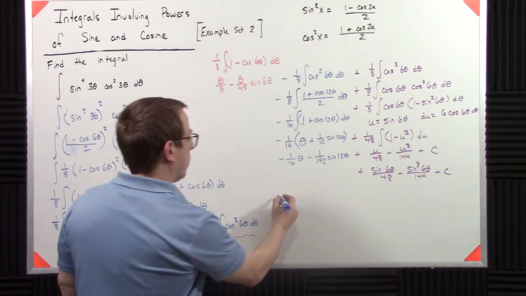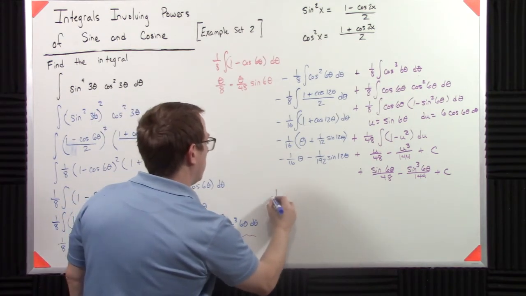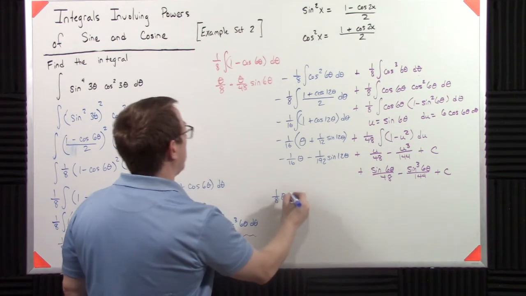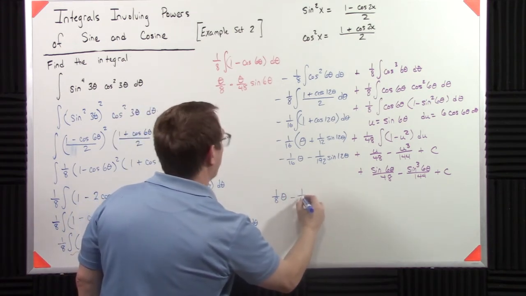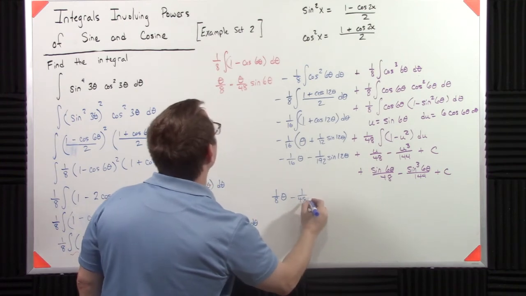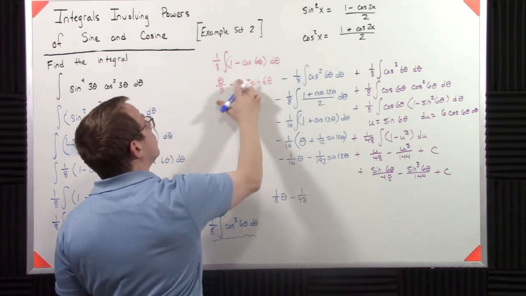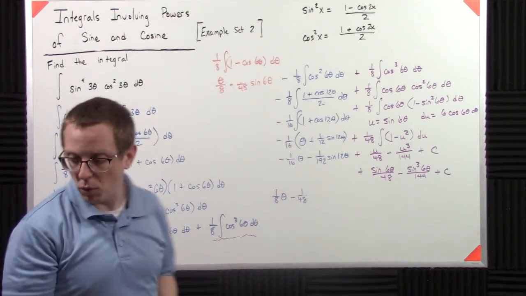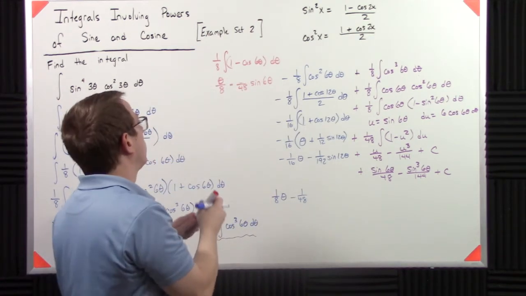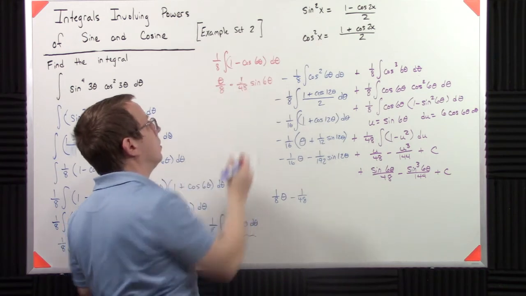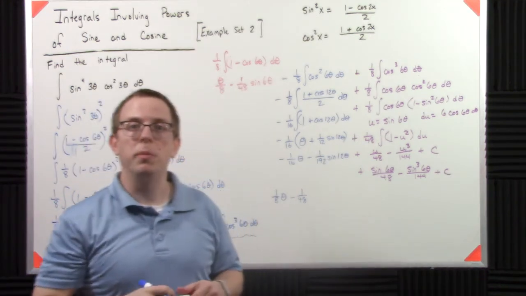Our final answer is 1/8 theta minus 1 over 48. That shouldn't have been theta over 48. That should have been 1 over 48. I sure hope you noticed my mistake.